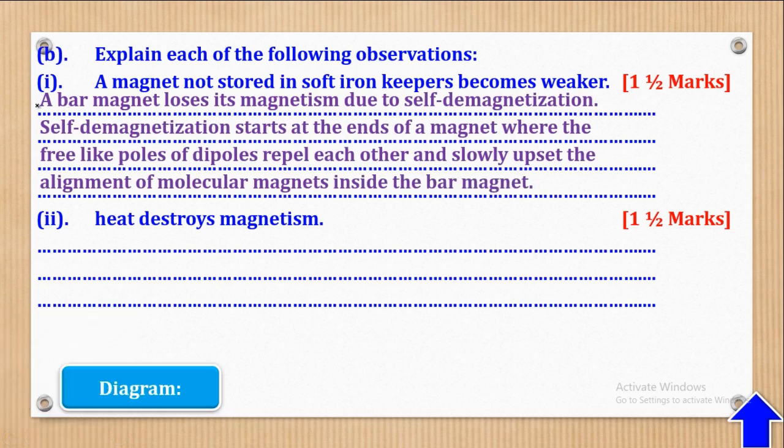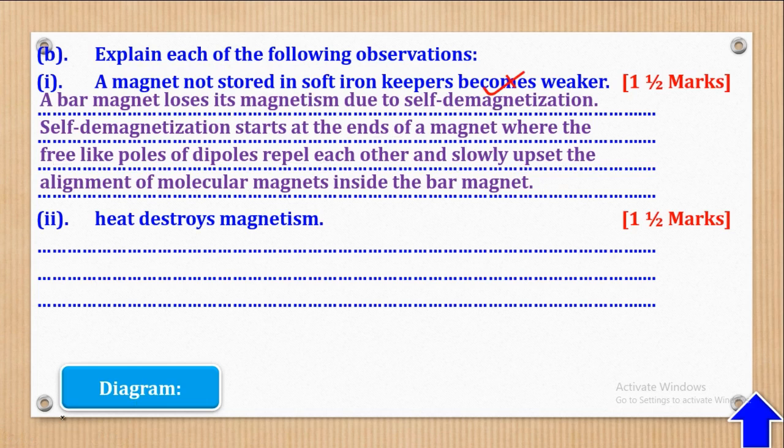So you come and say that a bar magnet loses its magnetism due to self-demagnetization. Self-demagnetization starts at the ends of the magnet, where free like poles of dipoles repel each other and slowly upset the alignment of molecular magnets inside the bar magnet.